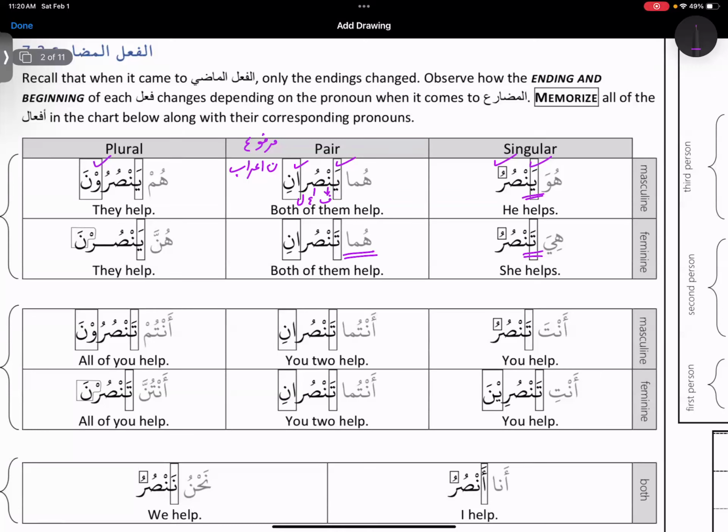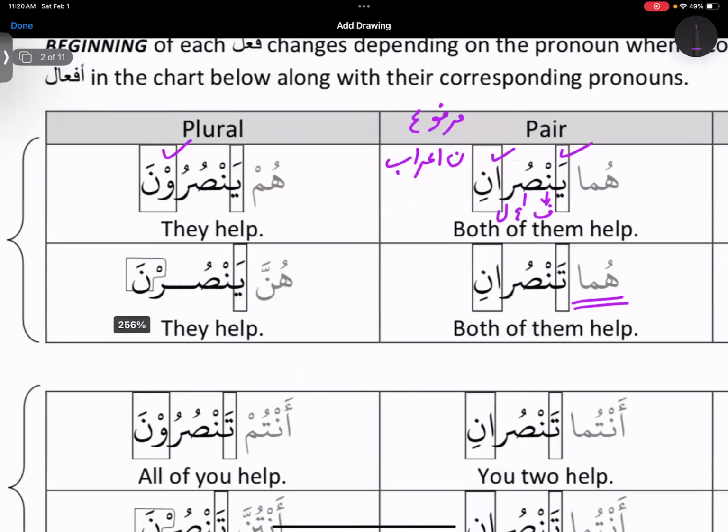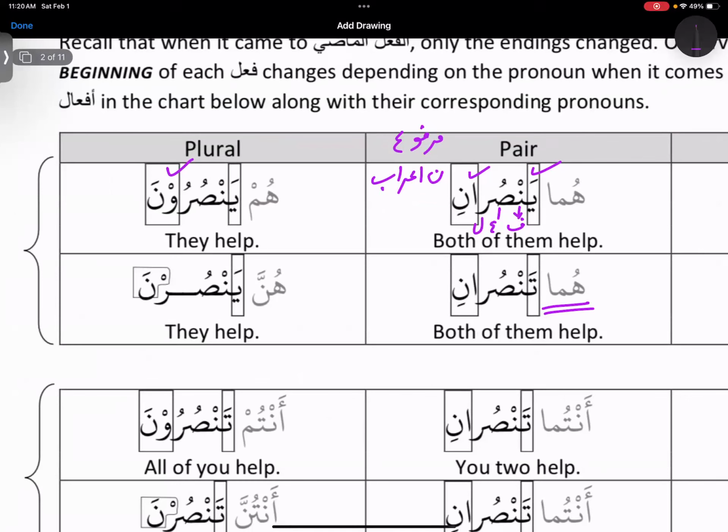And then comes hunna. Now hunna is not going to look like hum. It needs to show its uniqueness, and this is how we get it: yansurna, because before noon we need to give a sukoon. So hunna is yansurna.